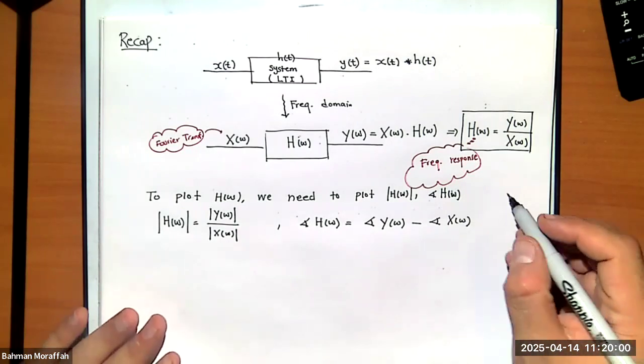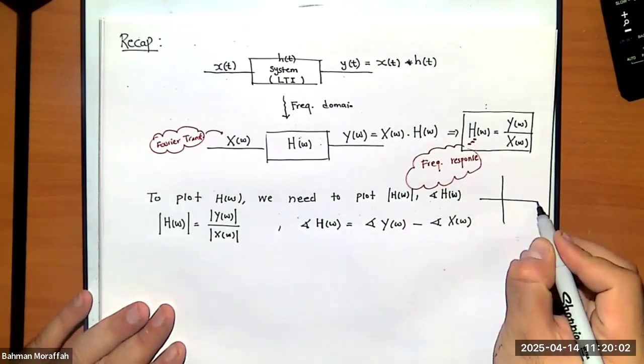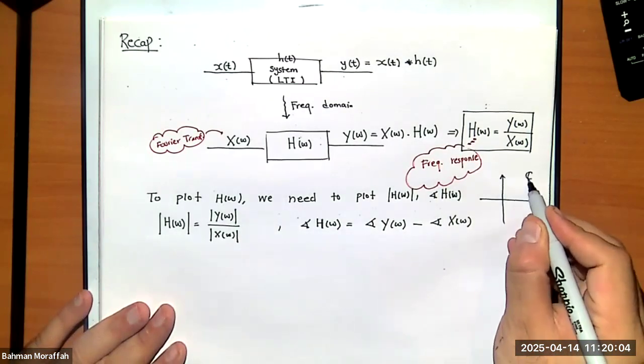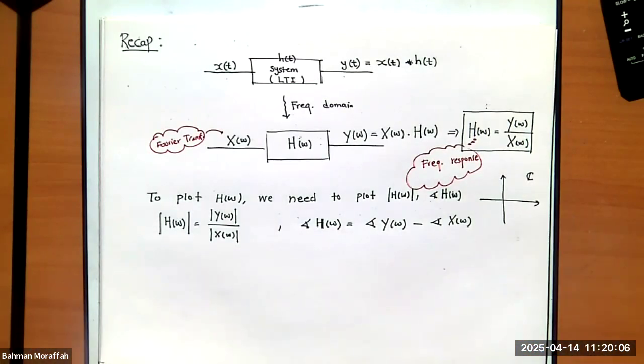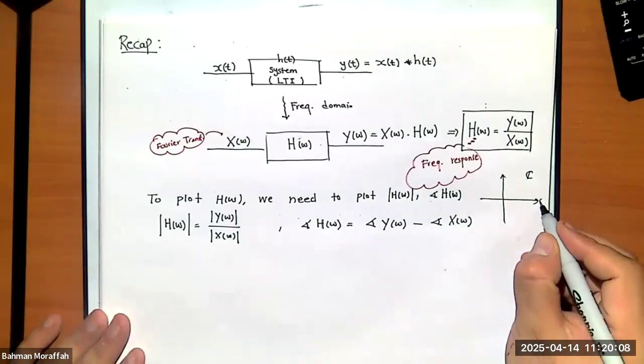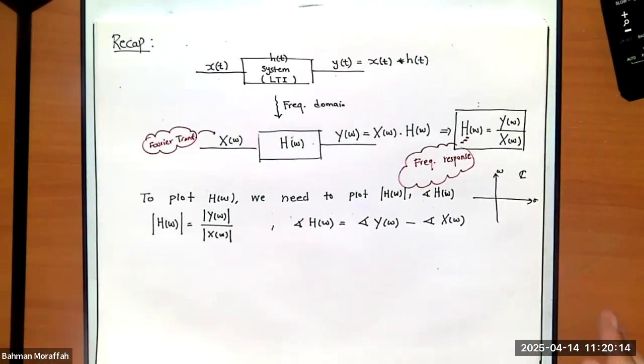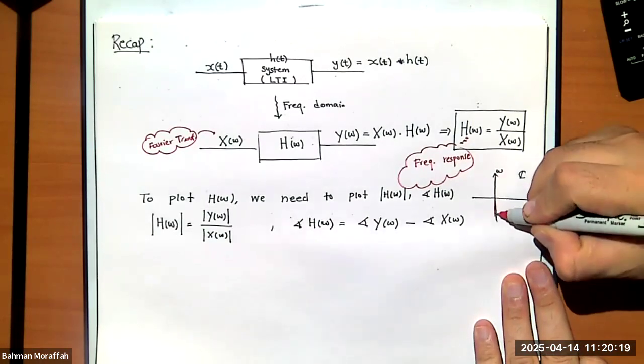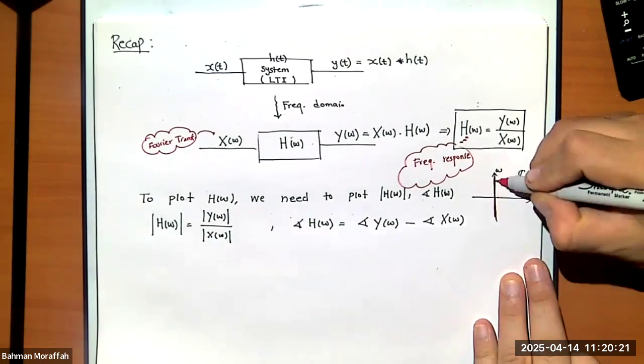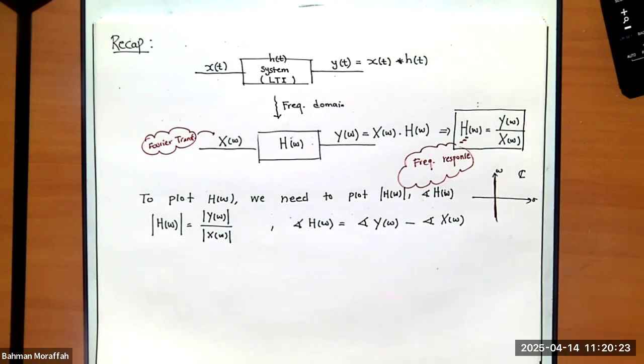So basically, this is our complex domain, right? Let's just say this is the real axis and this is the imaginary axis. These functions, X of omega, Y of omega, and H of omega, are computed on this axis, which was our j omega.